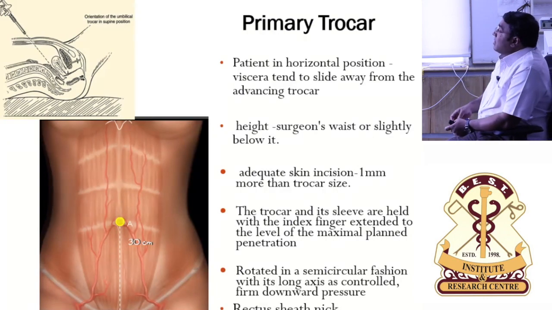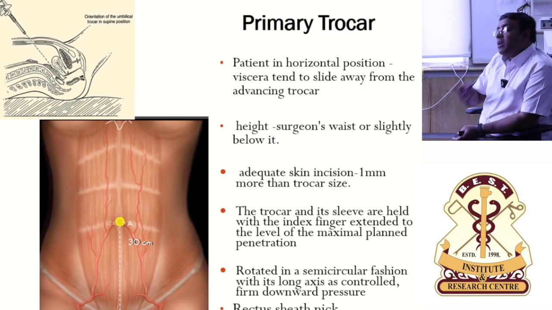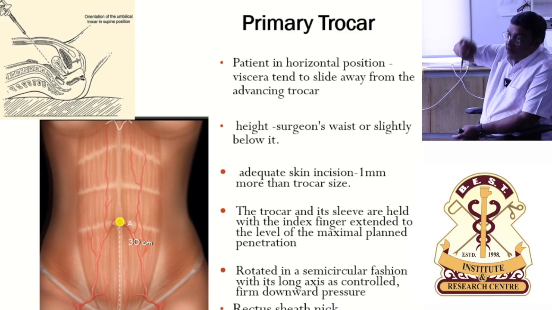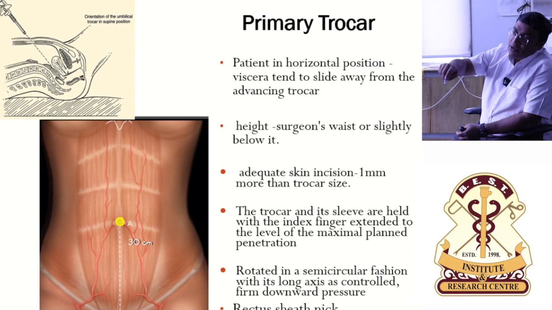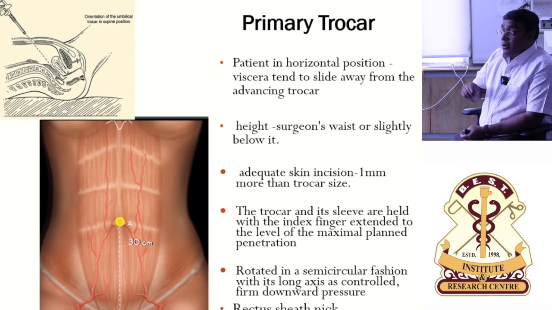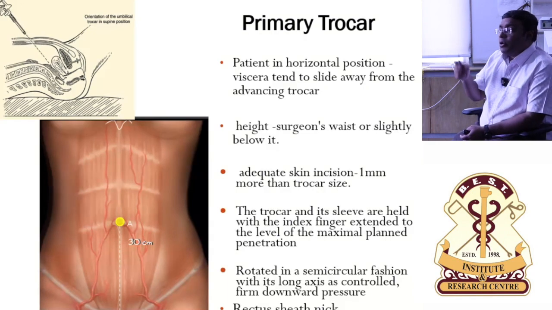Okay. Next thing is, how do you insert? If the patient is extremely obese, insert vertically. If the patient is thin, as much as possible go at 45 to 60 degrees. But do not go too parallel to the abdominal wall, because then your trocar will never reach the peritoneal cavity.